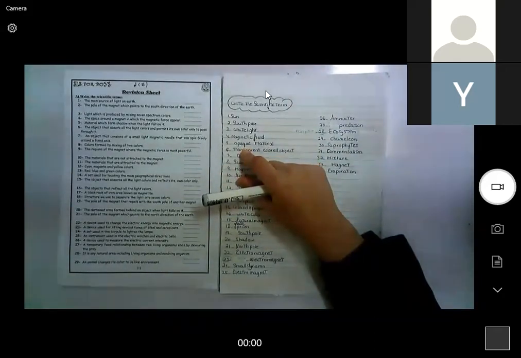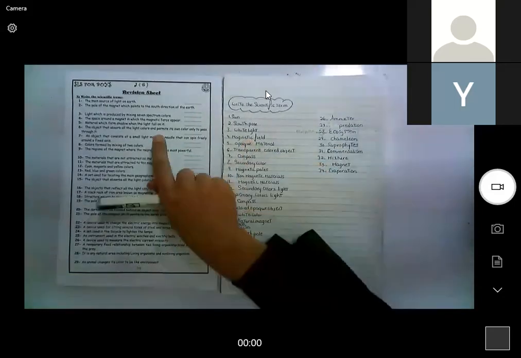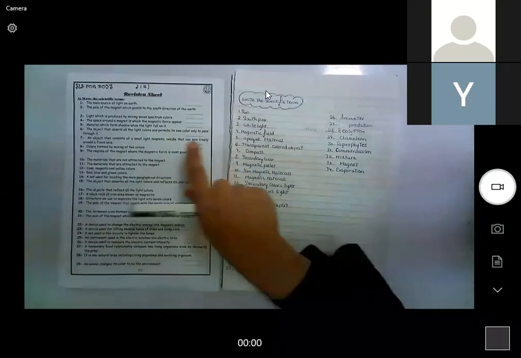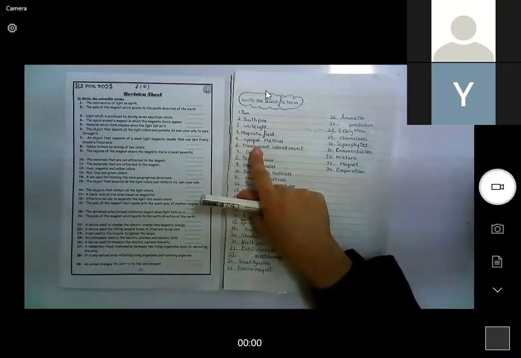6, the object that absorbs all the light color and permits its own color only to pass. When I ask you the words absorb and permit, you have to write transparent colored object.